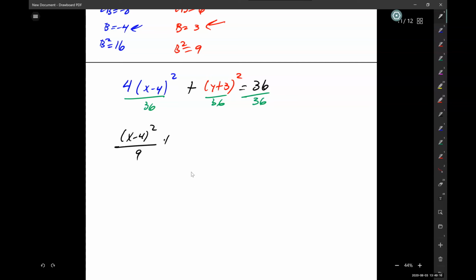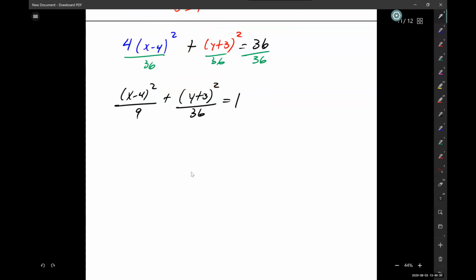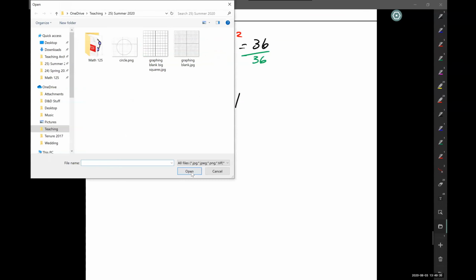Plus y plus 3 squared all over 36 equals 1. And now we've broken this down into the form that allows me to see what my center is, what my horizontal distance is, what my vertical distance is. So now we're just going to draw this on a graph.